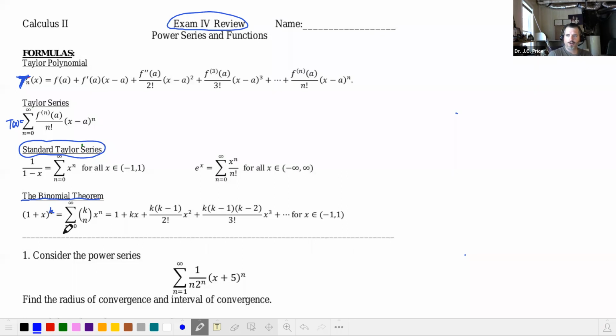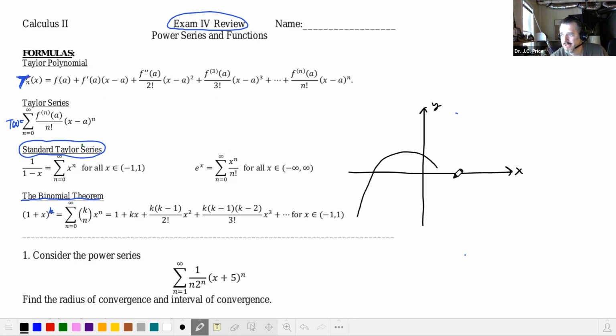All right, so we're going to go through this review, but real quick, before we get down to the nitty gritty details, remember the big idea of what we're trying to do. So basically, the big idea is if you give me a function f of x, these functions tend to look different, right?